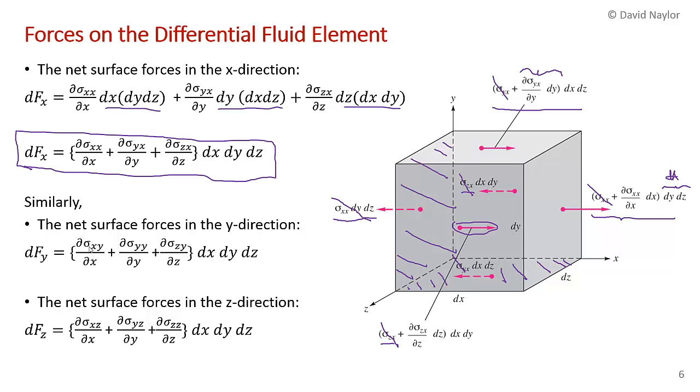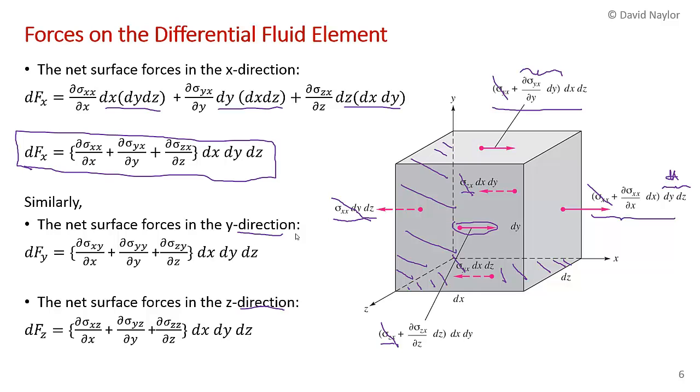So we have sigma on the x face in the y direction, sigma on the y face in the y direction, on the z face in the y direction. So that makes sense. In the z direction, we have the stress on the x face in the z direction, the stress on the y face in the z direction, and the stress on the z face in the z direction. So these are all in the z direction, and these are all in the y direction.